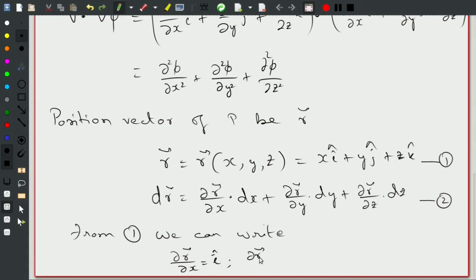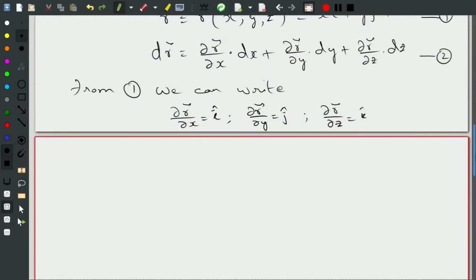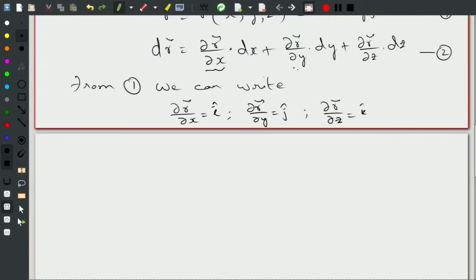Similarly, dou r vector by dou y equal to j cap, and dou r by dou z equal to k cap, right? So in equation 2, these partial derivatives represent vectors. And in Cartesian coordinate, they happen to be unit vectors. Generally, they are vectors, right?